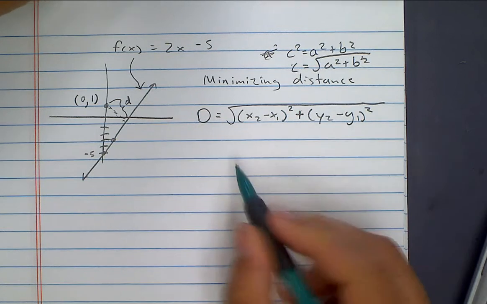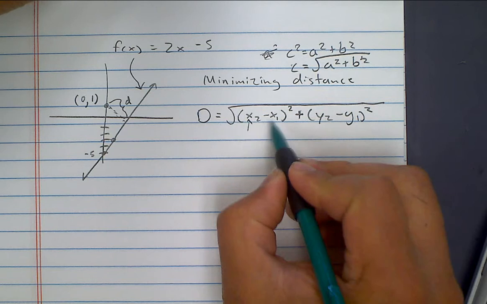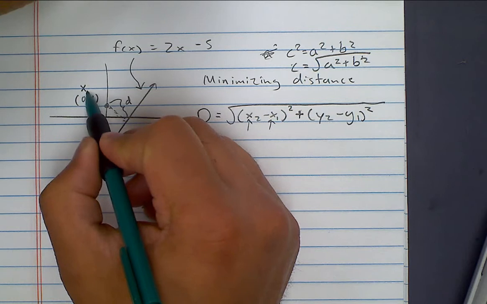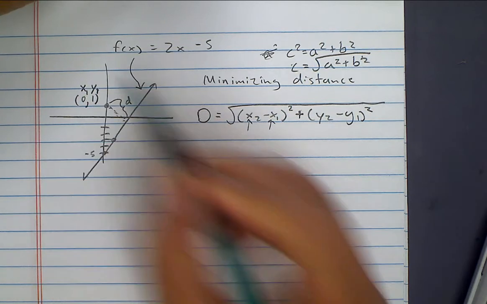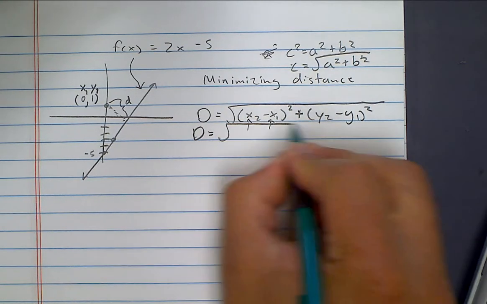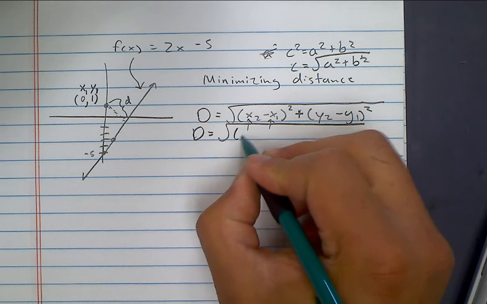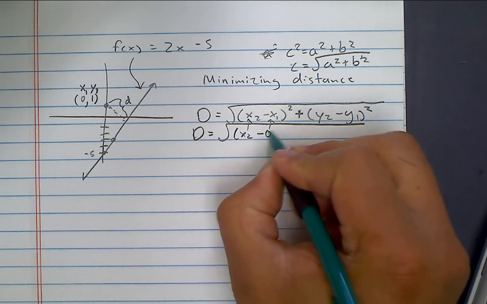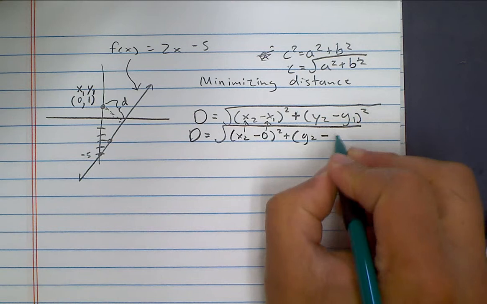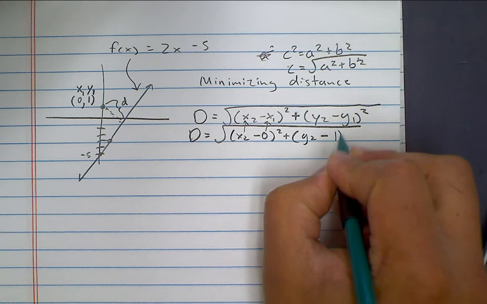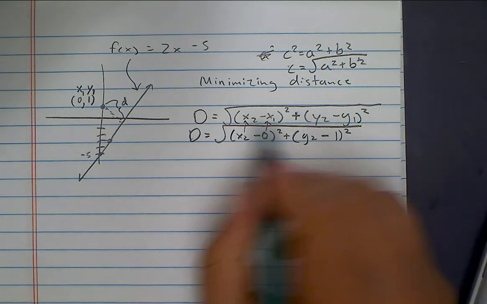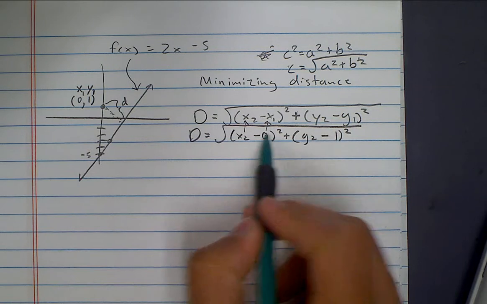So what we need to do is put real values in here. I'm going to substitute my x1 for 0 and my y1 for 1.